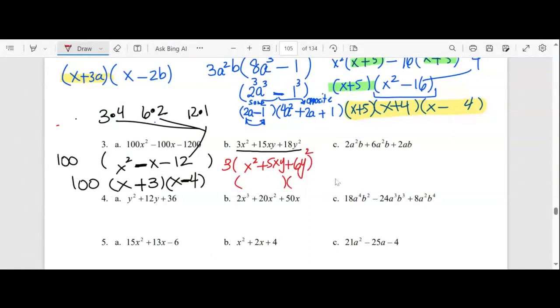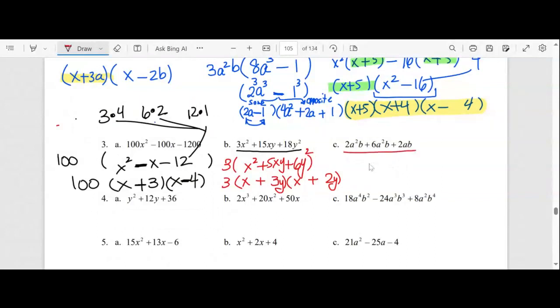Now, can I factor this trinomial? Yes. What are you going to get? X and X, right? And 6 can be what? 6 times 1, 3 times 2. We need 5, so it has to be 3 times 2. So which one is positive? All of them positive because you need 5xy. And don't forget the y.